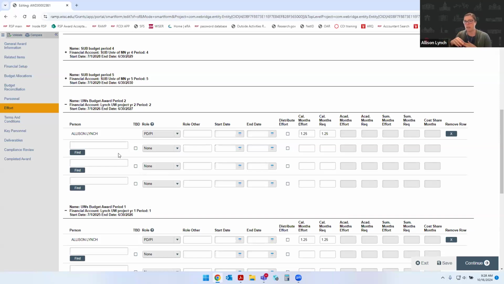I like to see that the baseline effort is entered for all years. As we all know, you have that flexibility to adjust your effort within the allowable categories, but I do like to see all effort listed, especially for these larger multi-year awards where you're awarded the entire upfront amount.